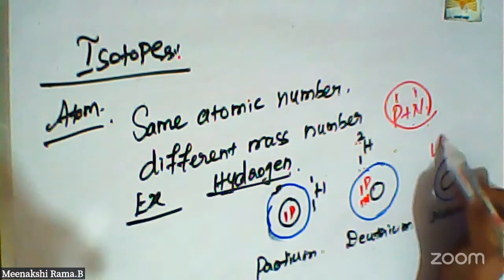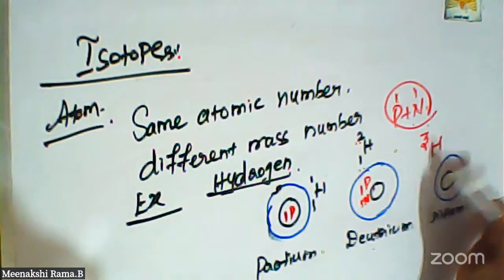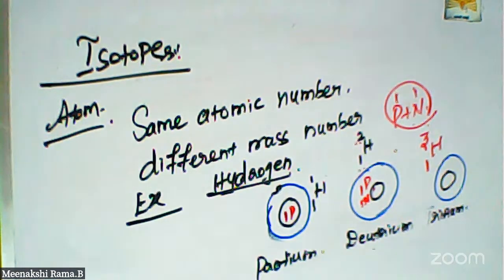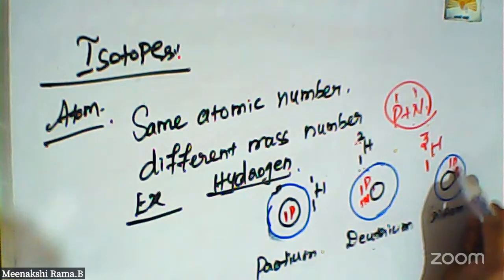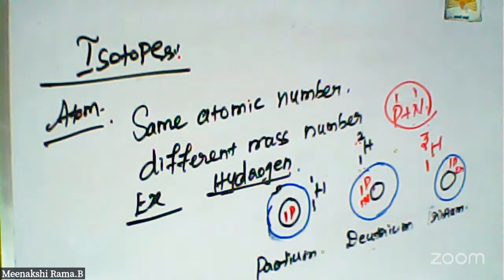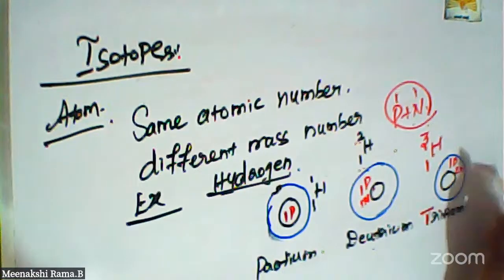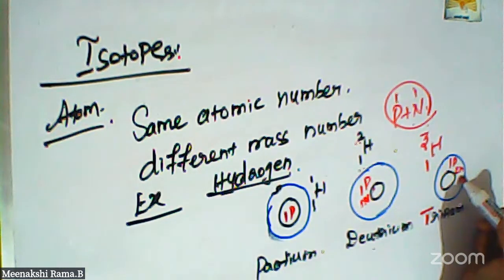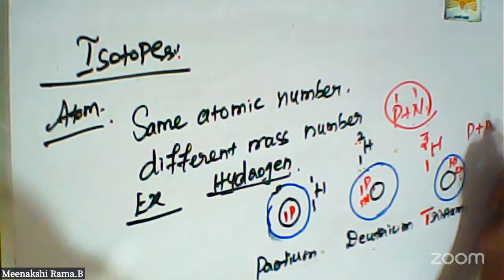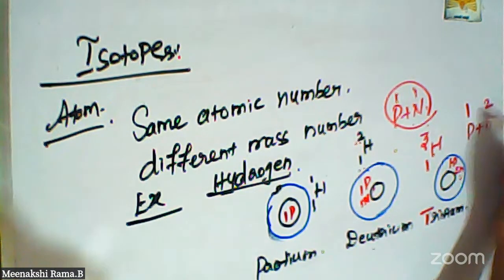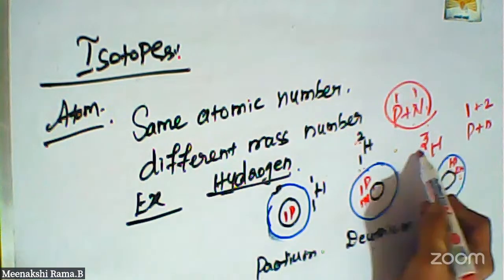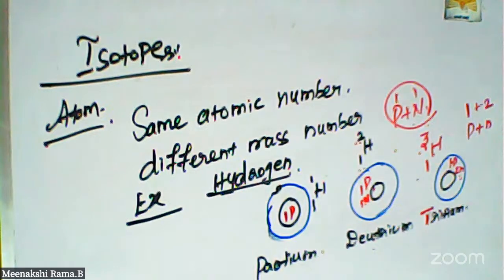And next is tritium. Tritium has mass number 3 and atomic number 1: 1 proton and 2 neutrons. So 1 plus 2 is 3. The mass number is 3, but the atomic number is 1 only.